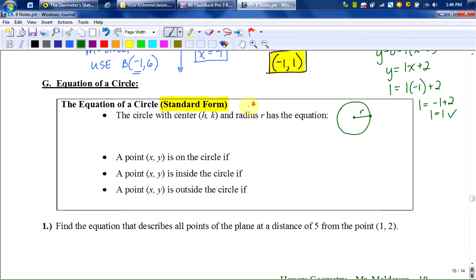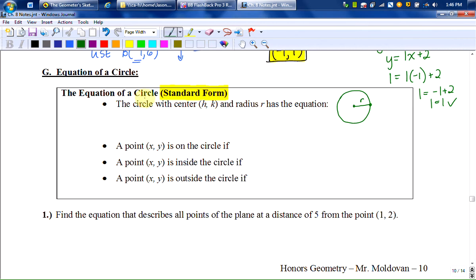So here in our notes, we'll write standard form for a circle, which is essentially the distance formula with just a couple changes. So we're going to have x minus h squared plus y minus k squared equals r squared. It looks a lot like the distance formula.